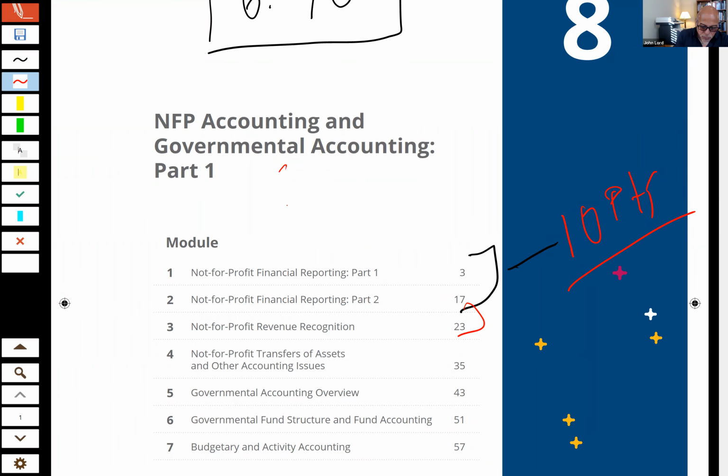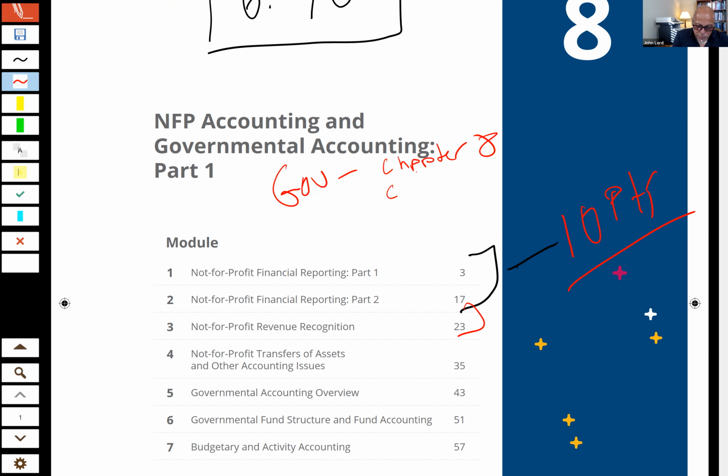Governmental, as you can see, part of it is in chapter 8. About half of it is in chapter 8, I don't know how much.